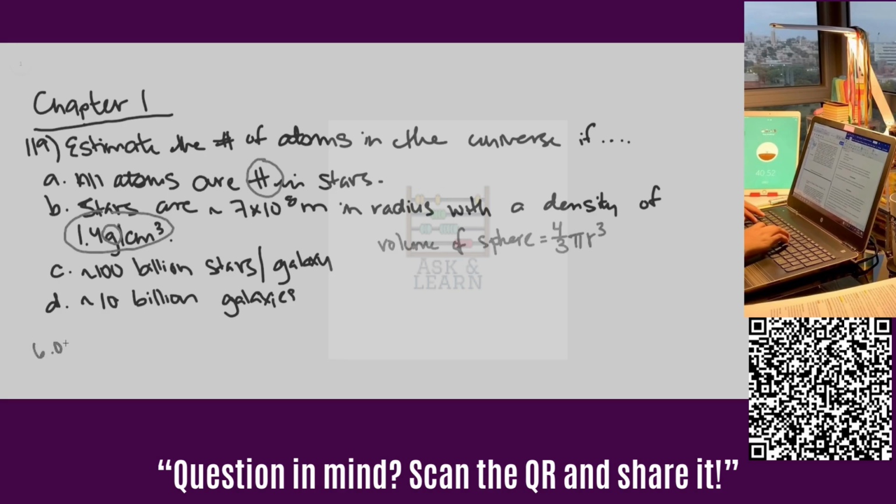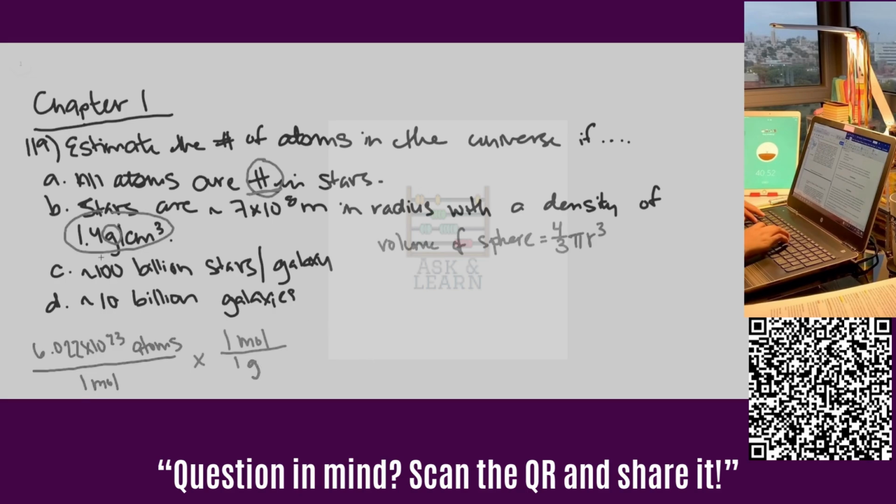Remember that that's 6.022 times 10 to the 23rd atoms per 1 mole. So for hydrogen here, the element that's mostly in question when we're considering how many atoms there are in the universe, 1 mole is pretty conveniently 1 gram.